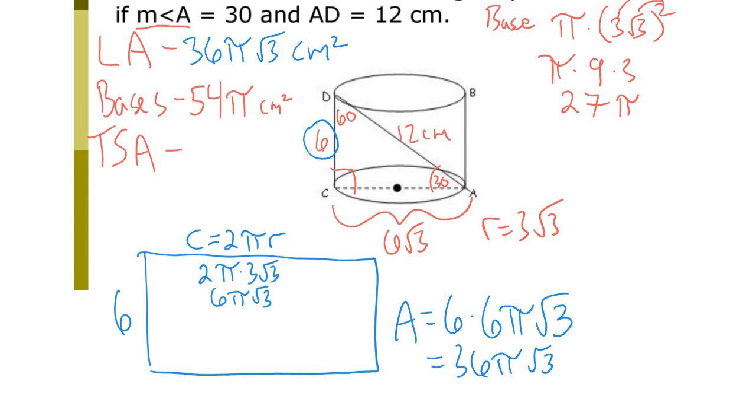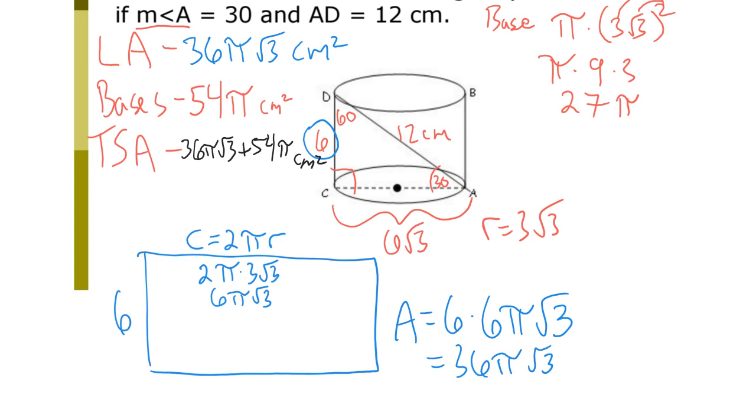Now, because of this wonderful root 3, I cannot combine those two as like terms. So my final answer is just going to be 36 pi root 3 plus 54 pi centimeters squared.